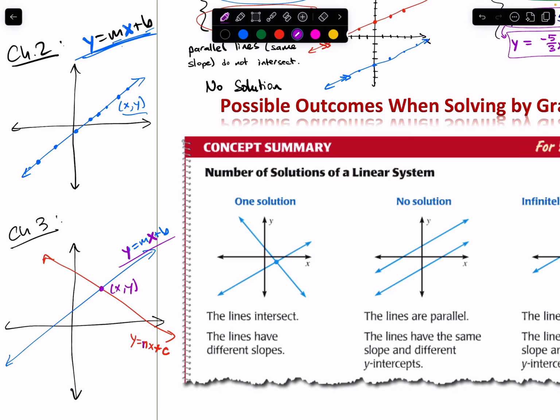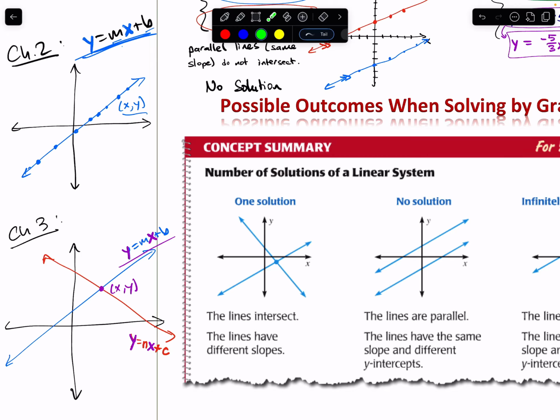But it's also on the red line. So if we plugged it into this equation, we should also get a true statement. They might be different true statements. We might get 3 equals 3 here and -5 equals -5 here or something like that. But the fact is it makes both equations true. This point satisfies both equations.